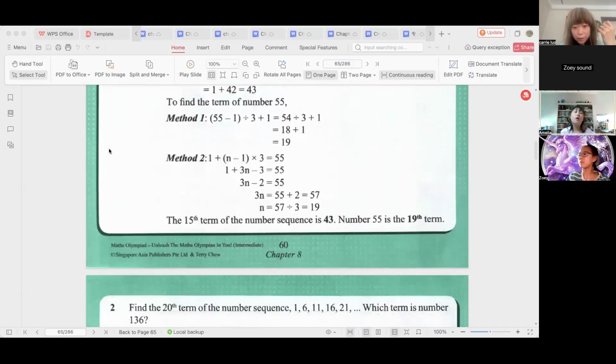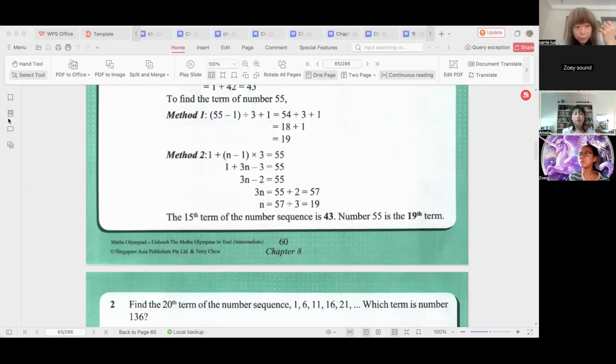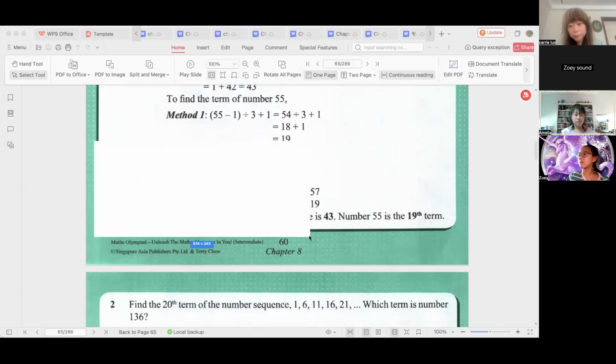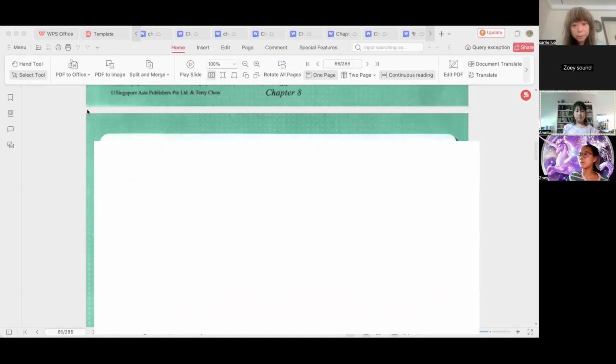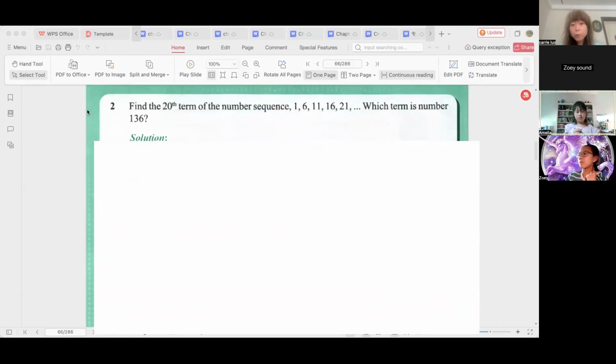Okay, so let's take a look at the next one. Find the 20th term of the number sequence 1, 6, 11, 16, 21. Which term is number 136? Exactly the same thing as number 1, but change the number, right? So you can just do it yourself.